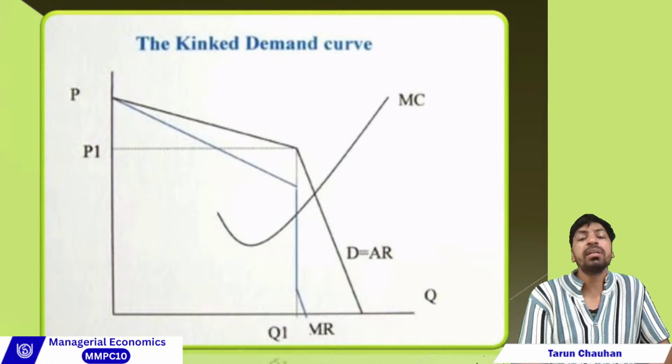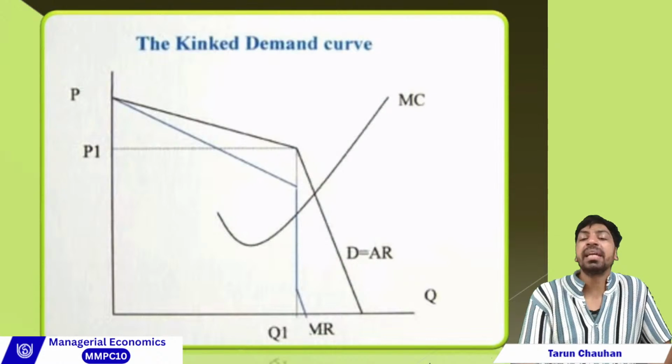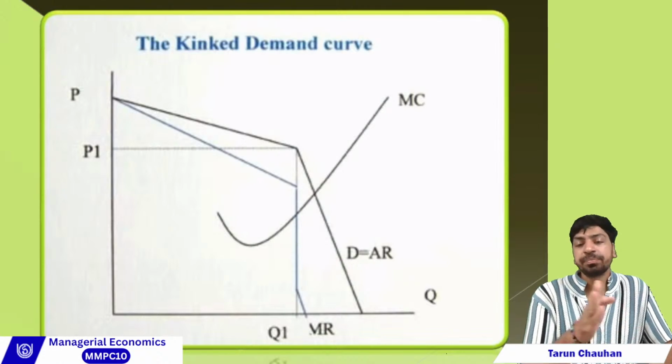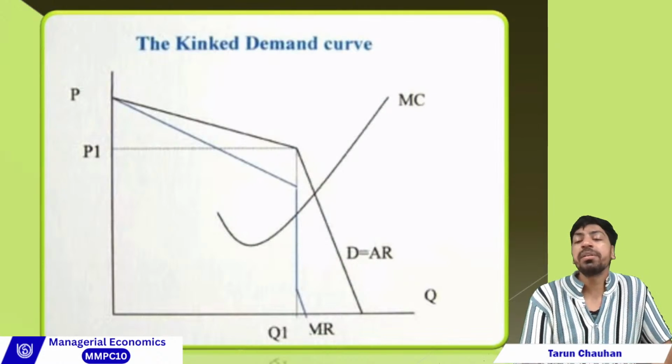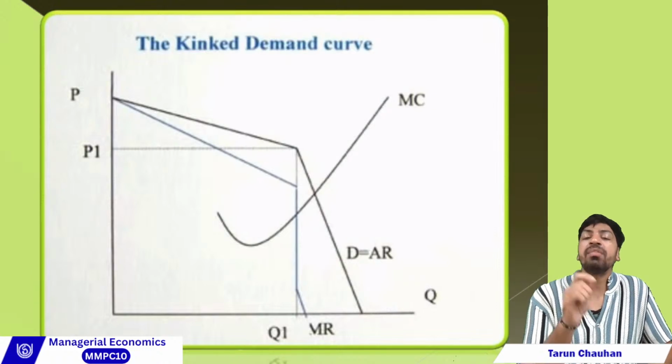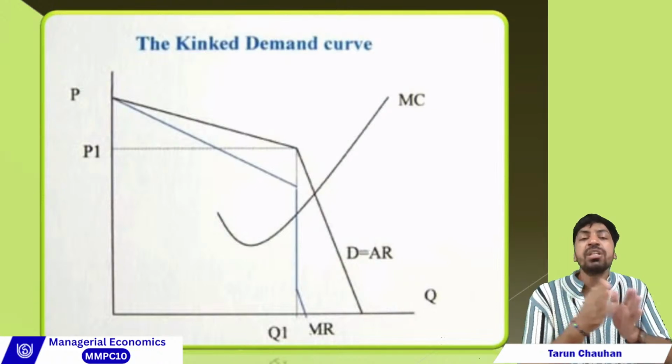So if you draw the P and Q axes, the original price and original quantity, it is a partition of the demand curve. First, you draw the first stage, the half portion, which is called the original price, and then you cut the original quantity or output, where you partition the demand curve.